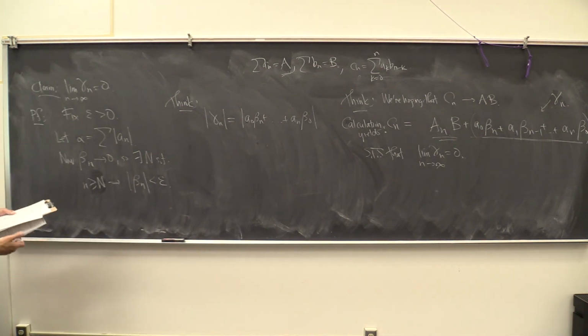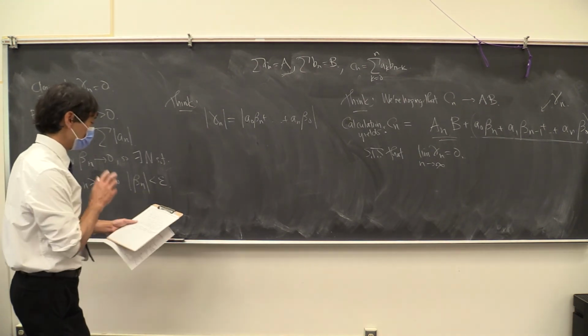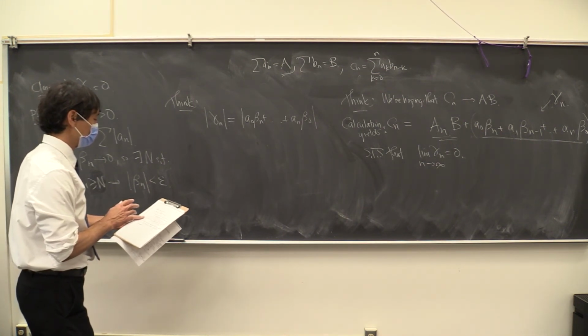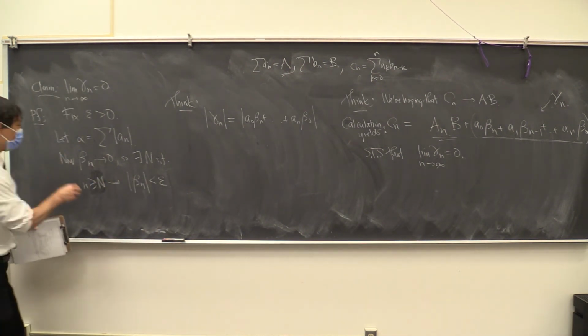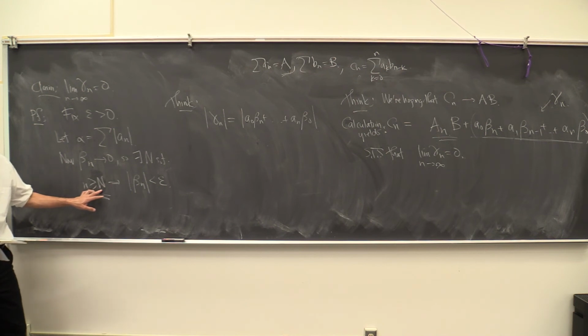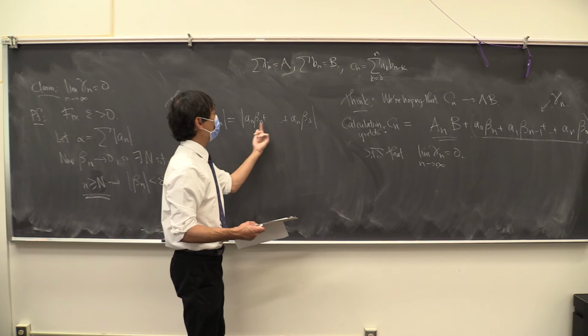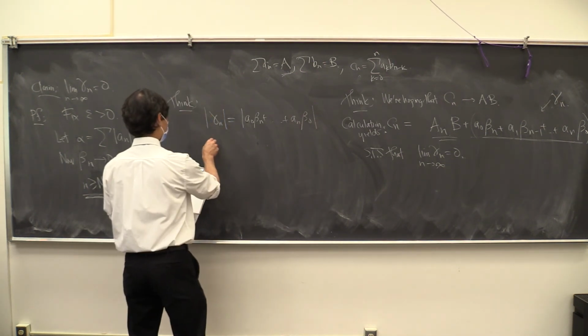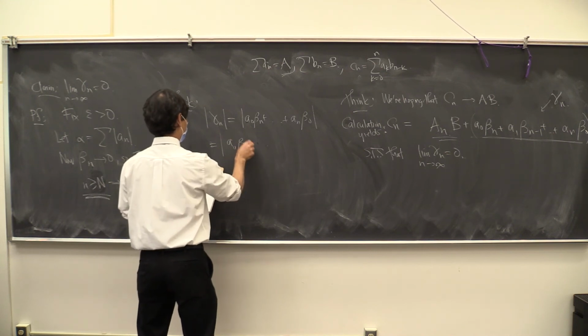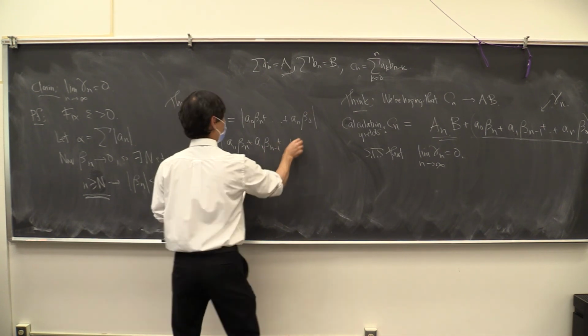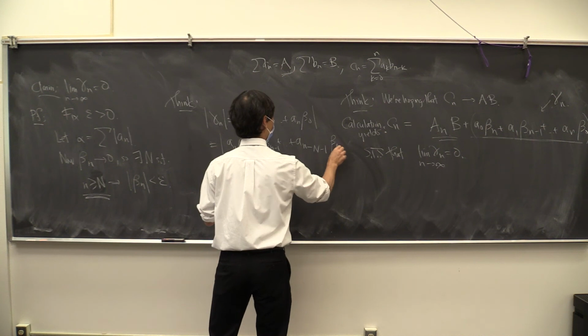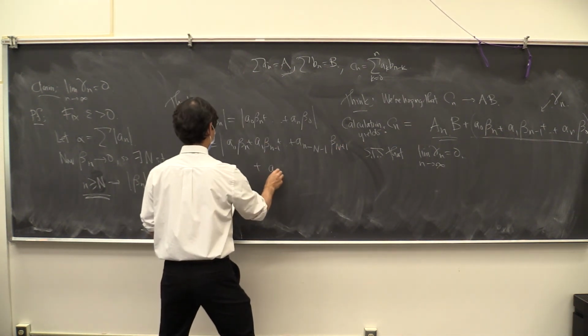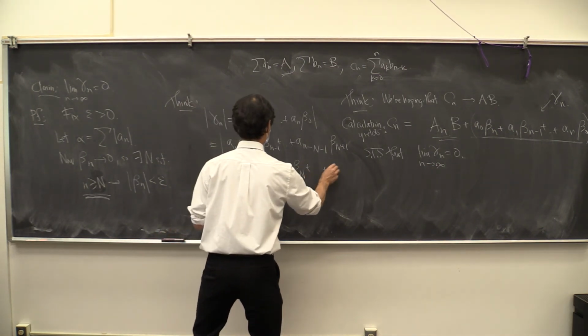Look, we have this capital N, so we're going to break this into two parts: the terms where beta has an index greater than N, and the terms where it's less than N. That's a naught beta n plus a1 beta n minus 1 plus dot dot dot plus a sub n minus capital N minus 1 beta n plus 1, plus a n minus capital N beta sub n, plus a n beta naught.